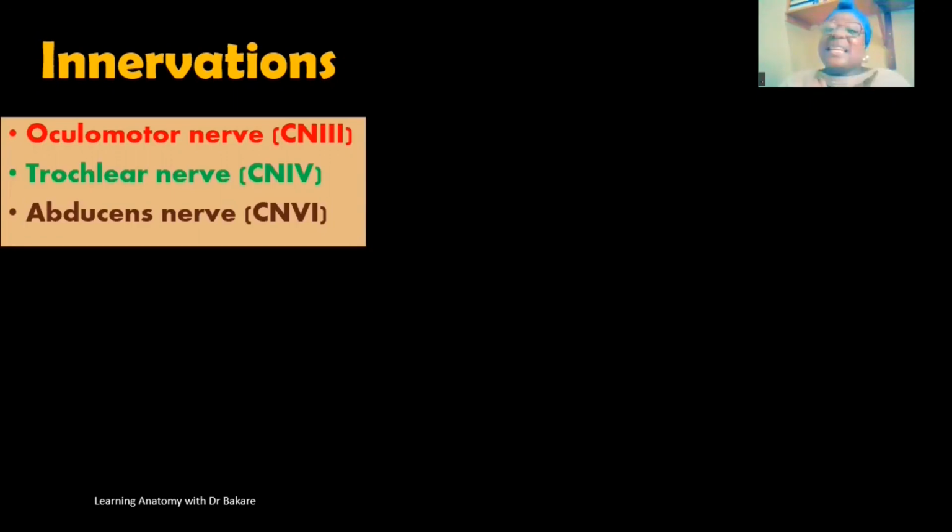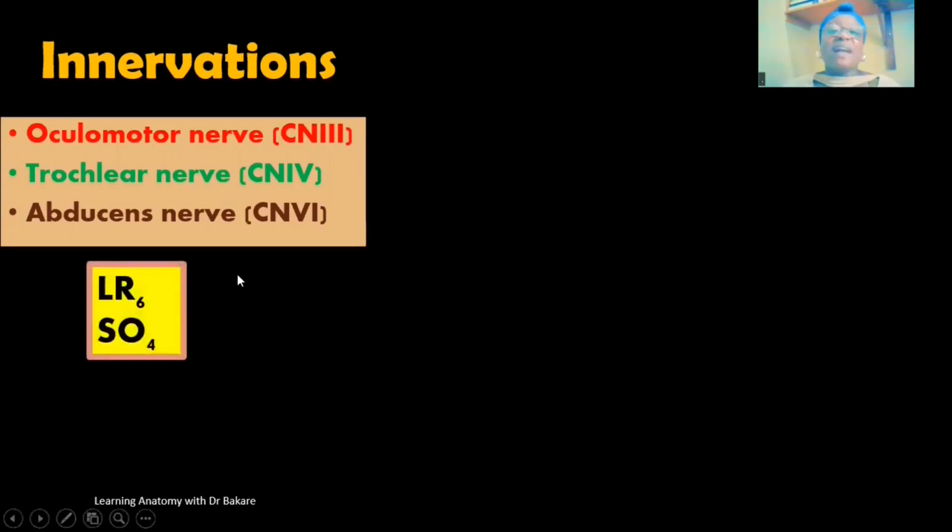There is a key that is needed to easily highlight the different nerves that innervate all the extraocular muscles. We have the LR6 and SO4. So this is the key that we need. L means lateral, while R means rectus. So it means the lateral rectus muscle is innervated by the sixth cranial nerve, which is the abducens nerve.